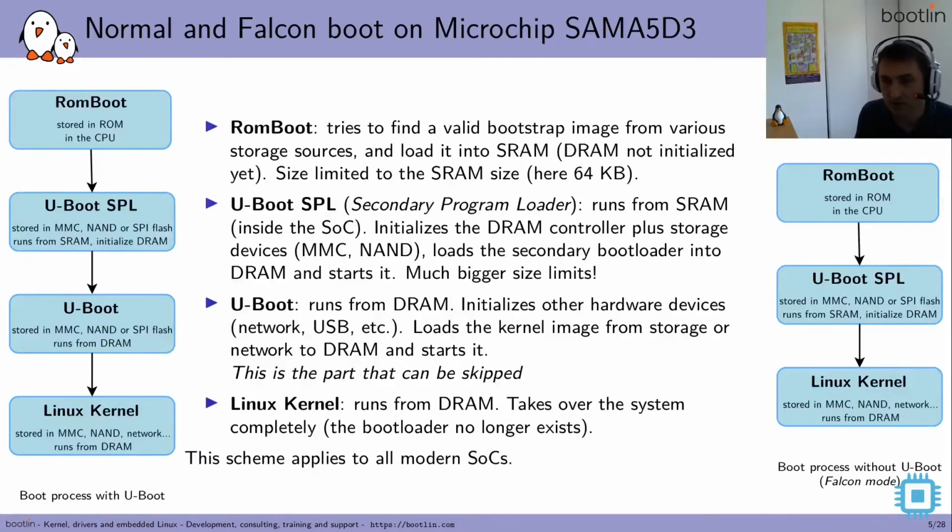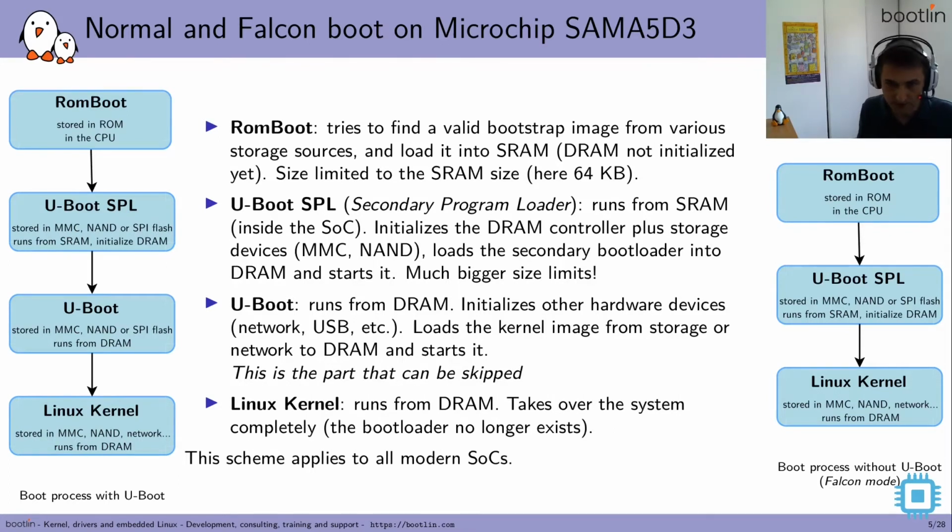Now I can start to explain the normal Linux boot on the SAMA5D3. It all starts with the ROM code that executes from the CPU. It's supposed to load a first stage bootloader from MMC, NAND flash or SPI flash into the SRAM of the chip, which has limited capacity, unfortunately.